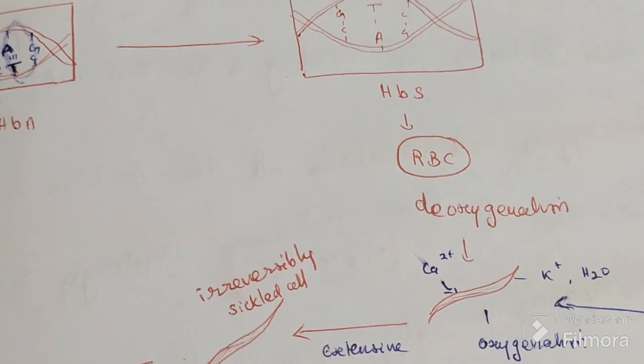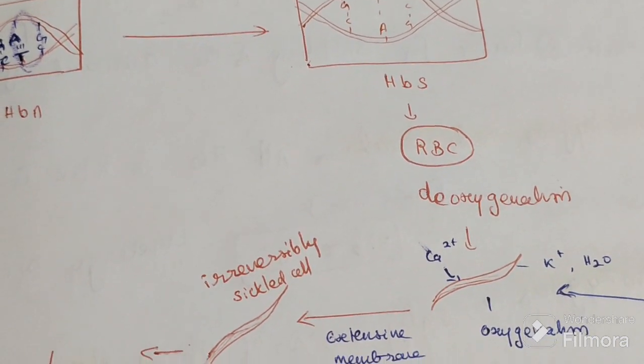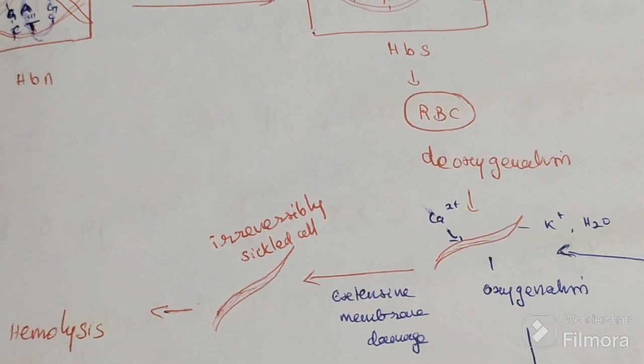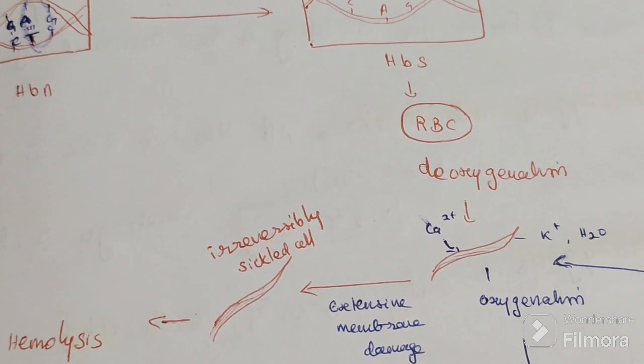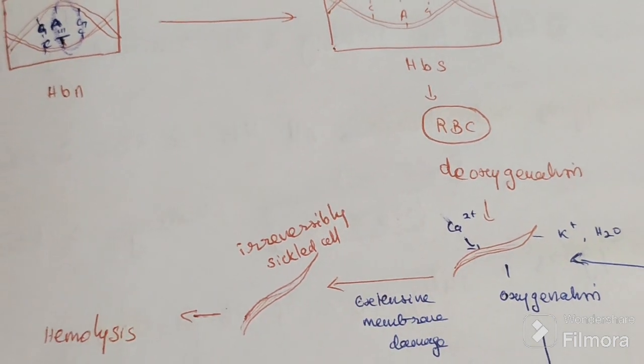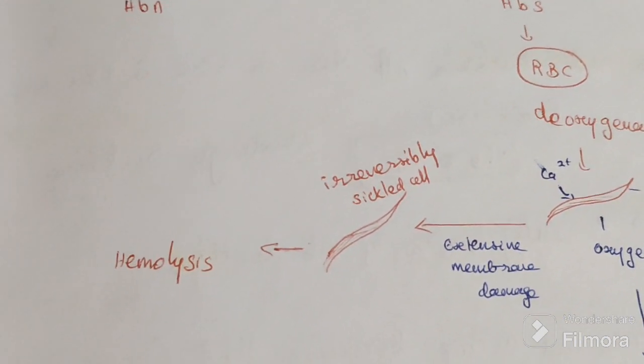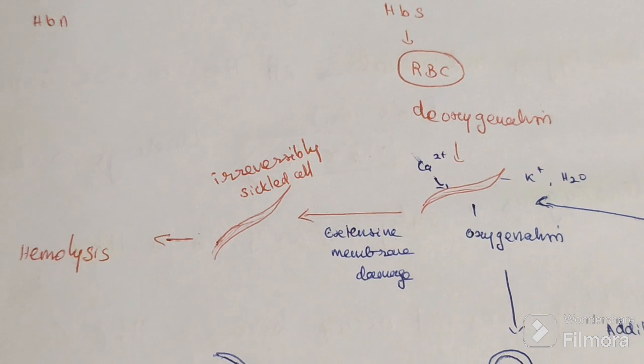Initially, in the oxygenated state, it stays biconcave, but whenever there is a deoxygenated state, it will convert into sickling.